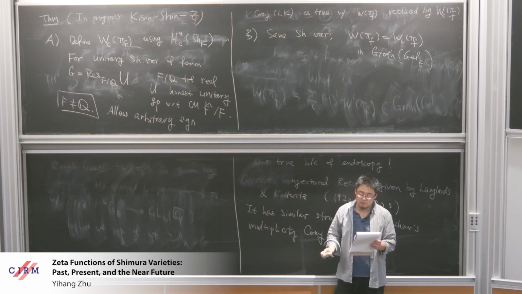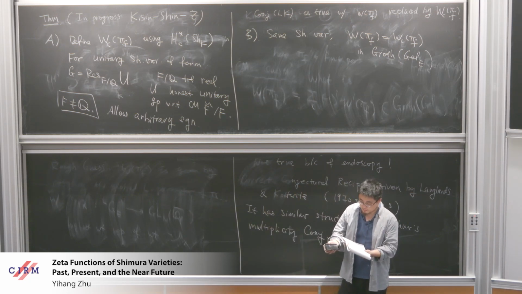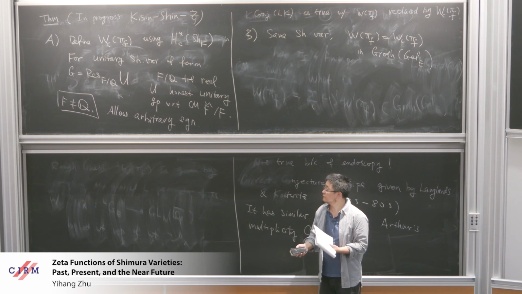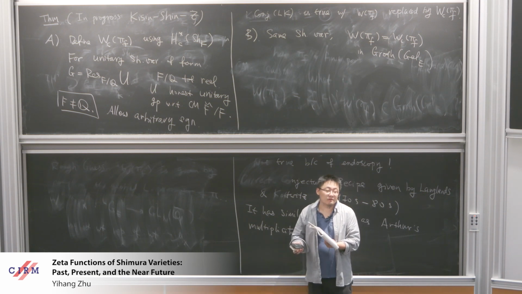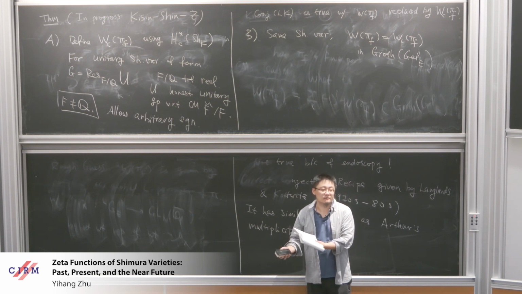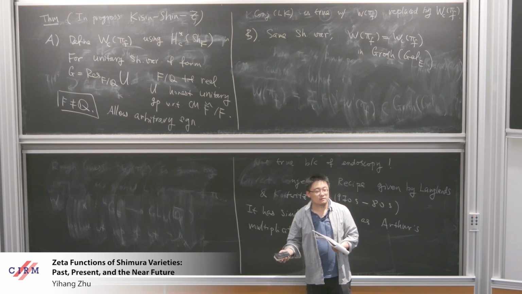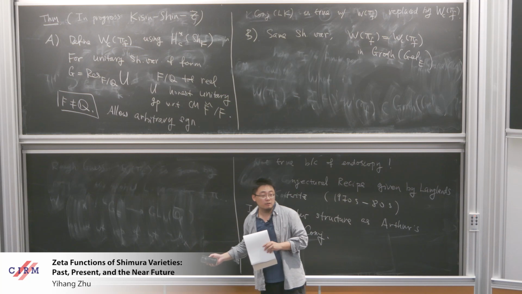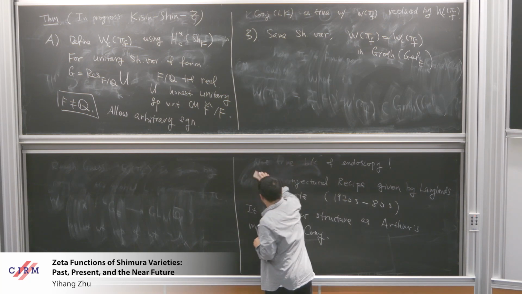One is you allow the automorphism to preserve the Hermitian form up to some scalar, but the scalar can be an arbitrary element of the field F. But you can also ask that the scalar must be in Q cross. So there are these two variants, and the second variant is the PEL unitary.